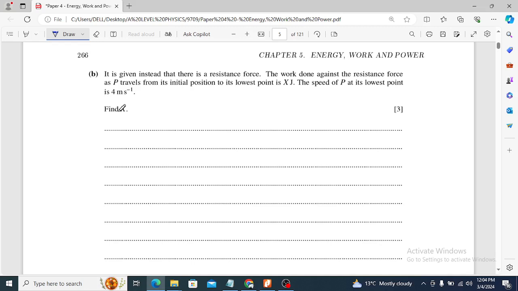The work done against the resistance force as P travels from its initial position to its lowest position is x J. The speed of P at its lowest point is 4 meter per second. Find x.